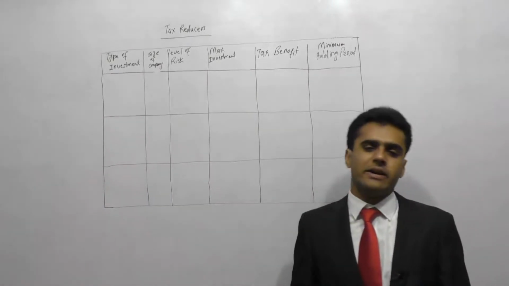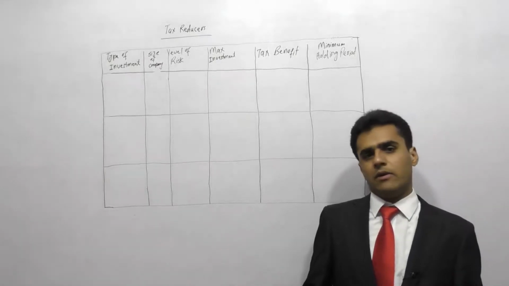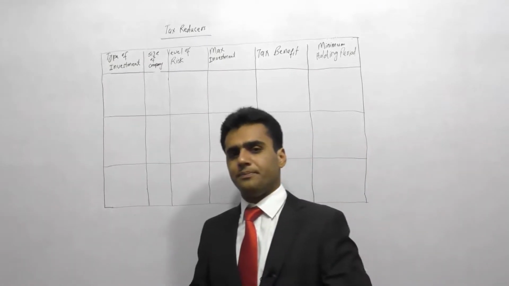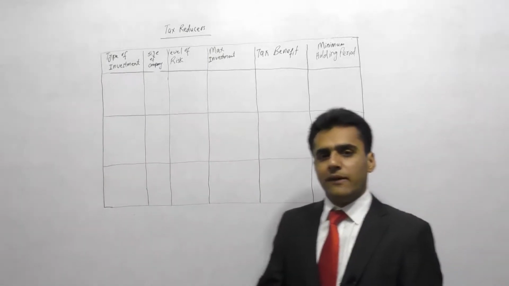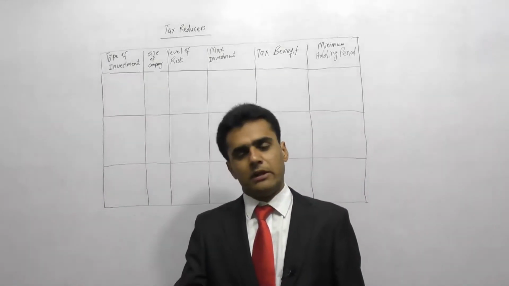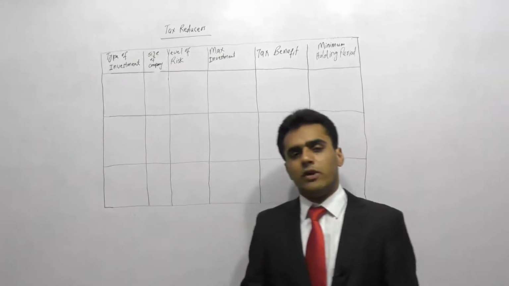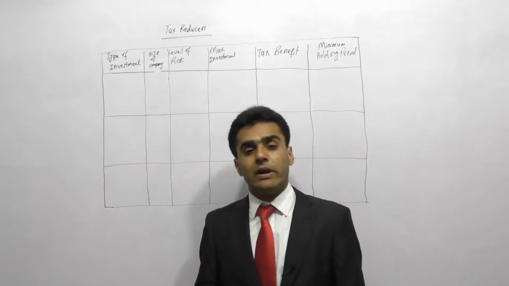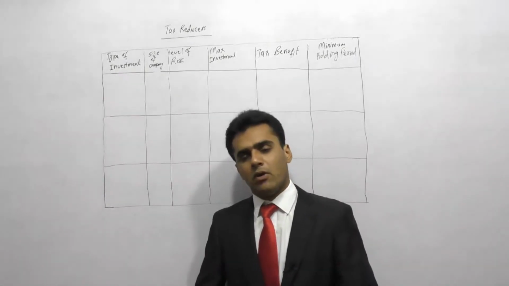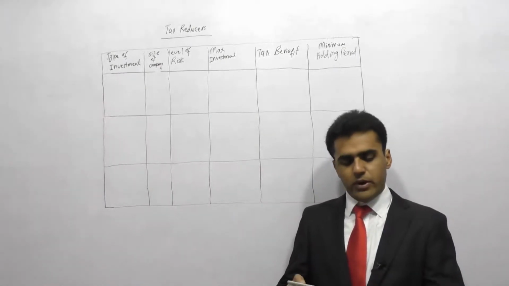So EIS, SEIS, and VCT. These are different companies. When you buy shares in these companies, you pay something, they give you shares. Whatever amount you have invested, you will get some relief on that.